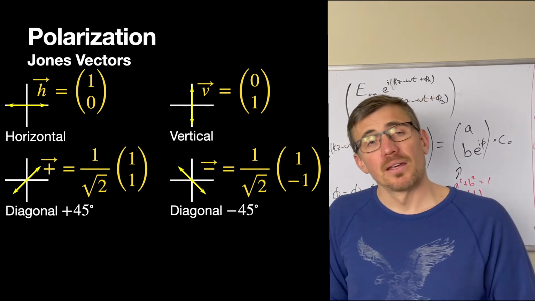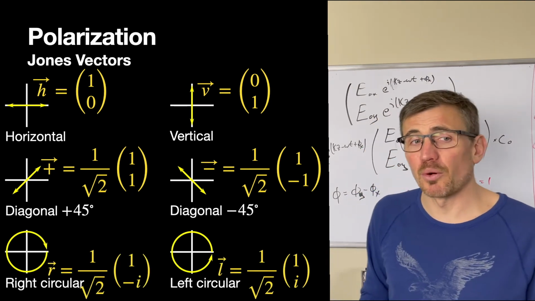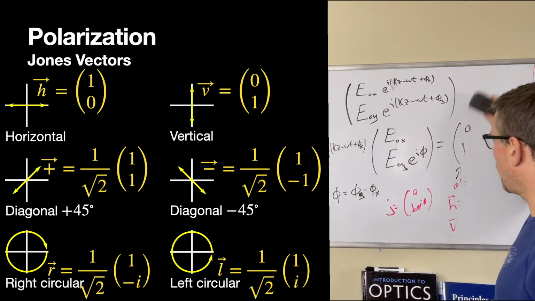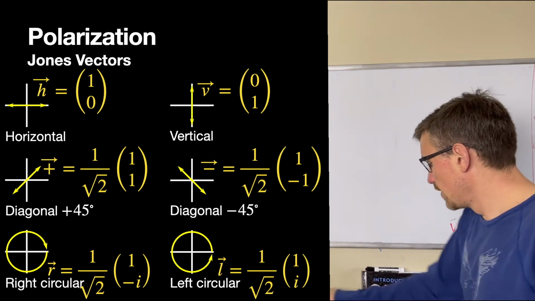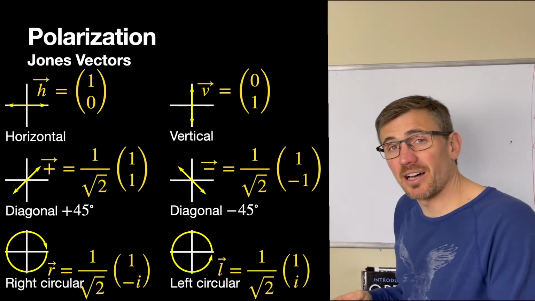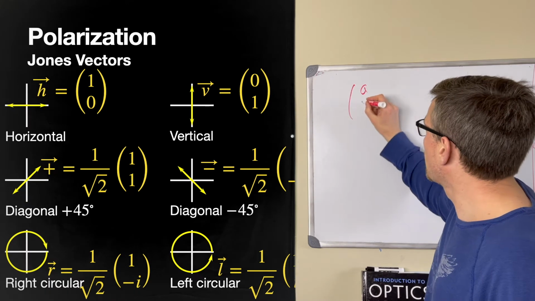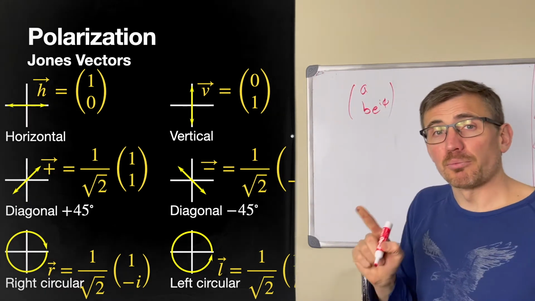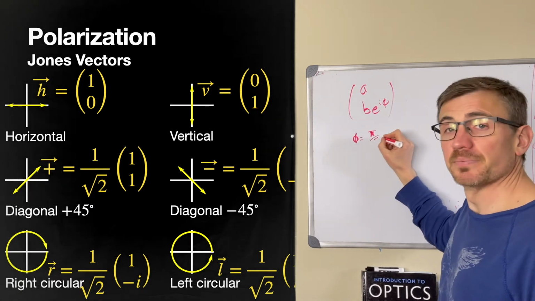Okay, we can choose another set. So let's look at what we had before with our circular polarization. We've written them as 1 and plus or minus i. But remember, our Jones vector was (a, b e to the i phi). For circularly polarized light, phi was pi over 2.